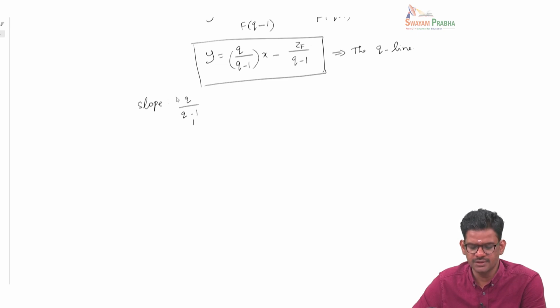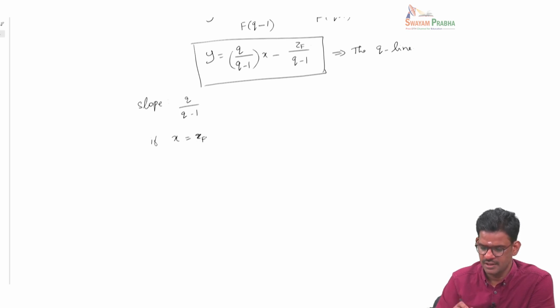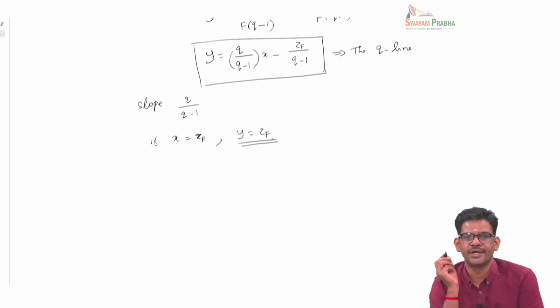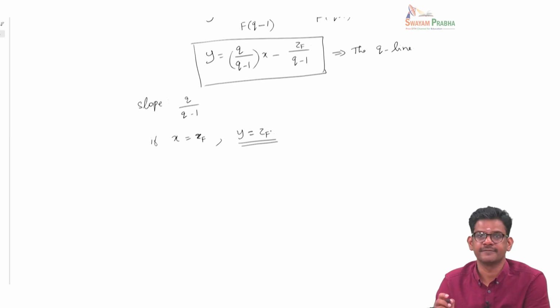So once we know the Q value, we can find the slope of this line, and then this Q line can be shown. You can also see that if we substitute X equal to ZF, from this equation we see that Y is equal to ZF, meaning the Q line will intersect the 45-degree line at ZF.